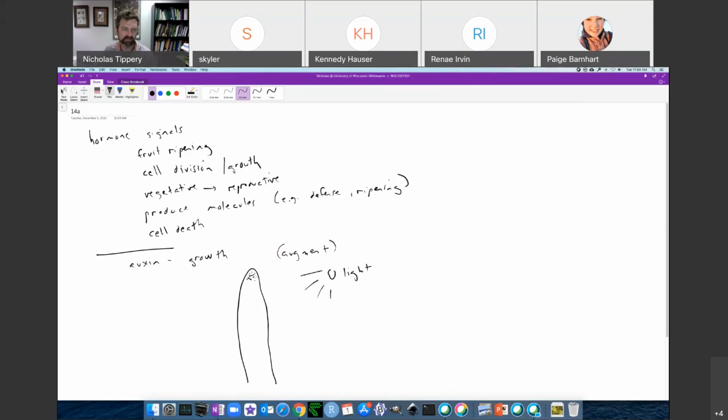If the light is coming in from one side, then the auxin goes down the other side, the dark side. And so these cells are more able to expand, and these cells expand a little bit less.